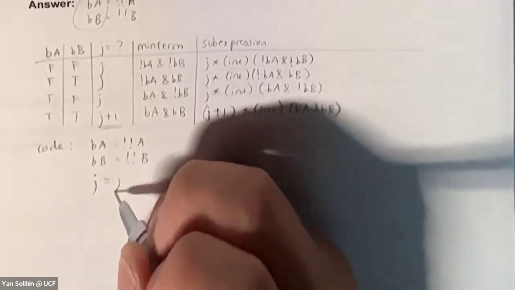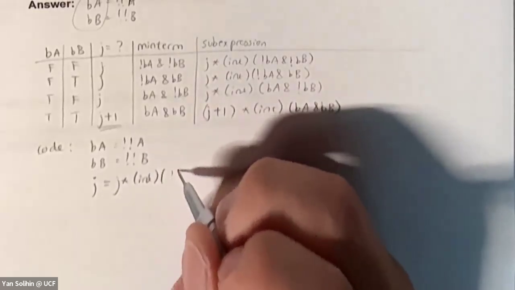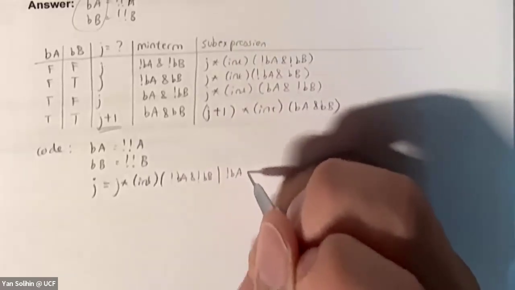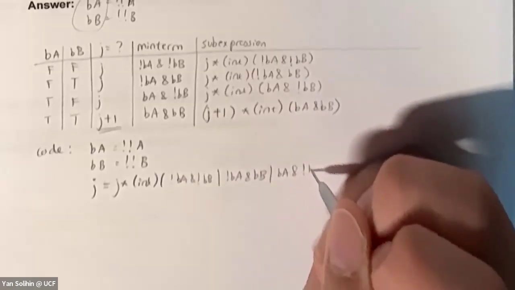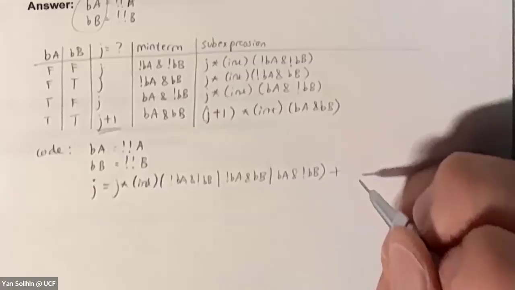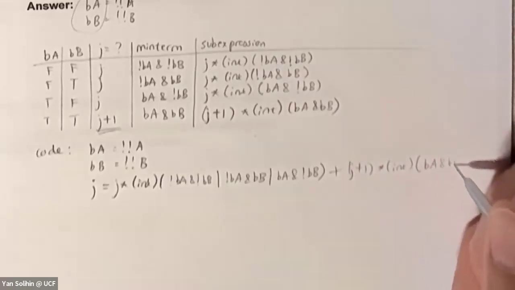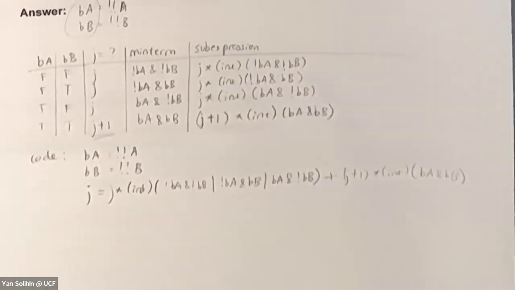So the expression will be just J times integer typecast of not BA and not BB, or not BA and BB, or BA and not BB, plus J plus 1 times integer of BA and BB. All right, that's it. Now for question 4.